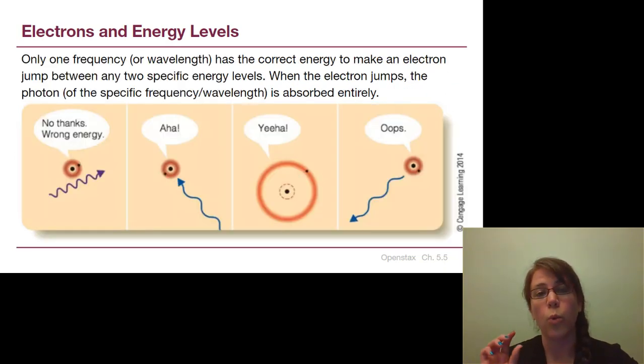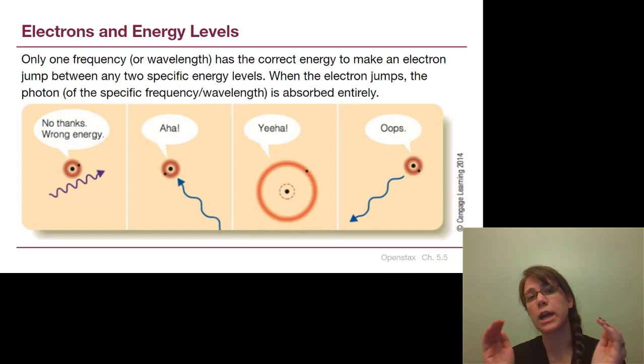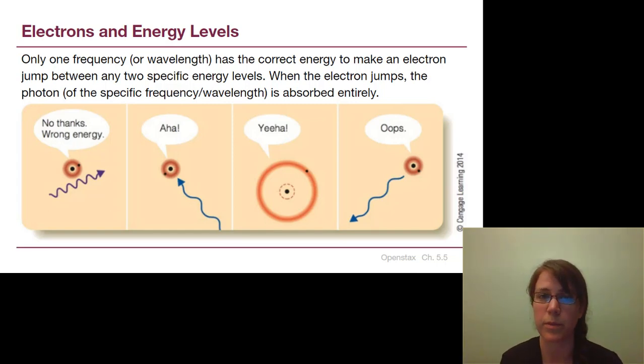Now, the big key connection is that because those energy levels are at specific distances from the atom in an energy sense, we have to give the electron the exact right amount of energy that corresponds to wherever it started to wherever it wants to go.